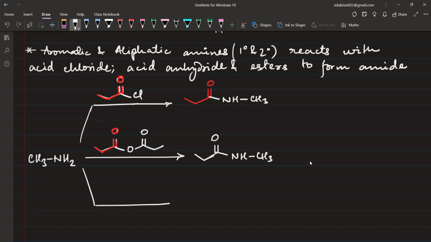And a similar thing will happen if you have esters also. That is, rather I'm writing 3 carbon atoms, right? Yeah, 3 carbon atoms, double bond O, and then you have OCH3. So the carbonyl carbon fragment is intact. It is bonded with NH, CH3 that is coming from the amine.